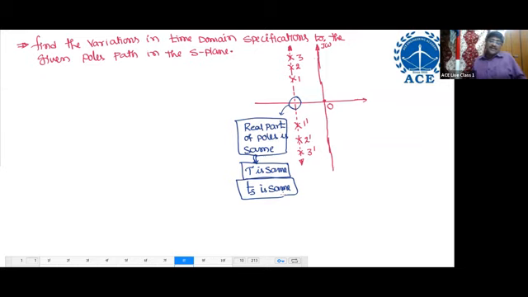Next, what about the imaginary part? The imaginary part goes on increasing. The imaginary part increases, which means omega D increases.